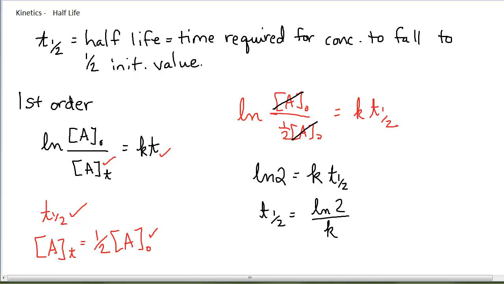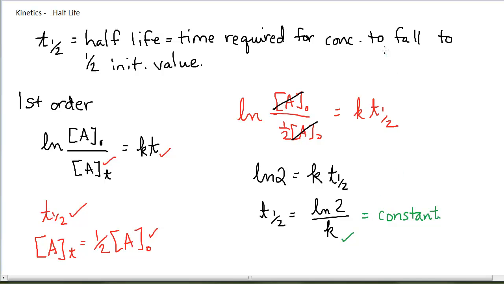You'll notice that this formula for half-life only depends on the log of 2, which is a constant numerical value, and the rate constant k, which is a constant numerical value for a particular reaction. The half-life is a constant for a first-order process, regardless of the initial concentration of material. This is very useful in processes such as radioactive decay.